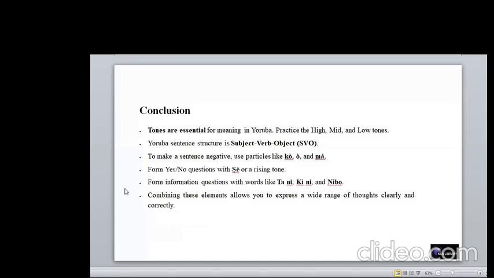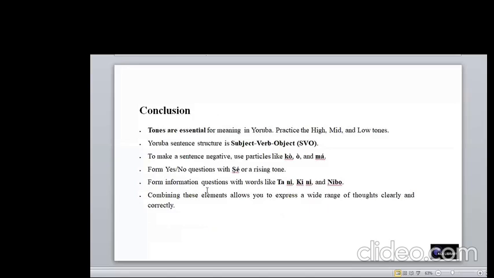So, in conclusion, tones are essential for meaning in Yoruba. Practice the high, mid, low tones. Yoruba sentence structure is subject, verb, object, just as in English. Then, to make a sentence negative, you use particles like ko, o, then ma.